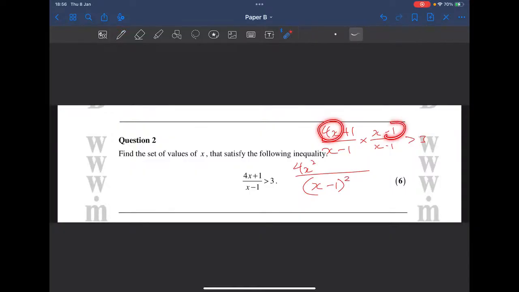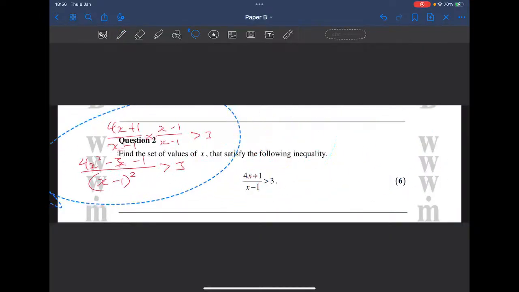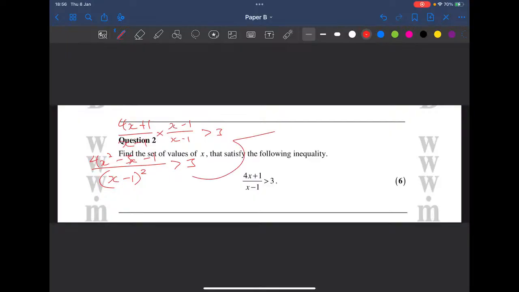You'd have a negative 4x plus an x, so negative 3x, and a minus 1, still bigger than 3. Let's go to the other side quick. And then from there, times over by the x minus 1 squared, so 4x squared minus 3x minus 1 is bigger than 3x squared minus 6x plus 3.